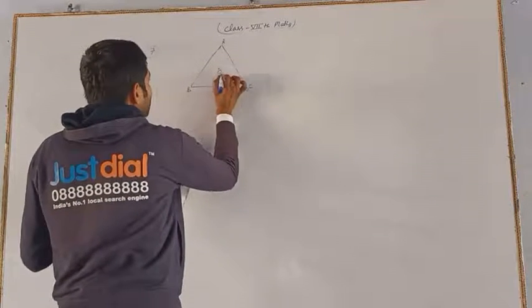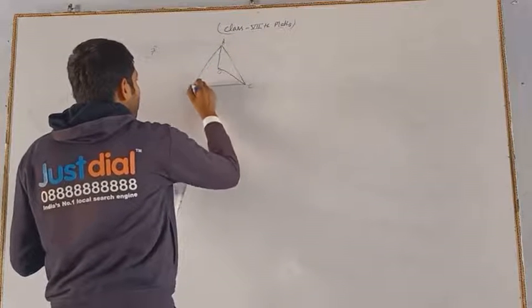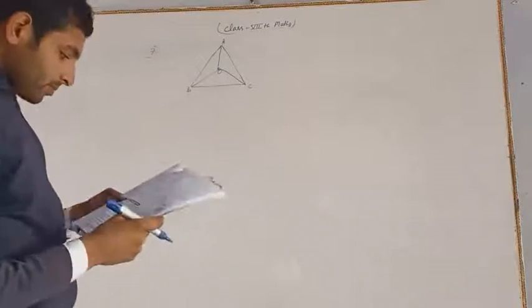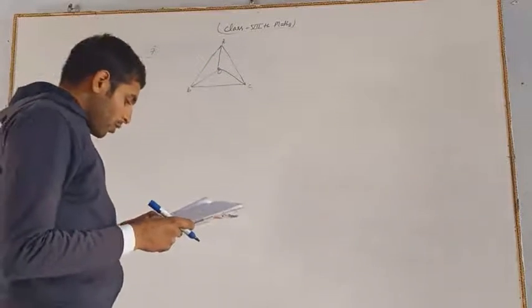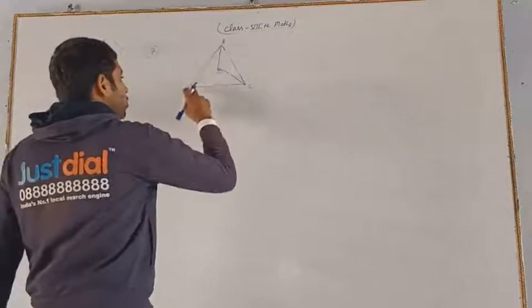Here we take a point O in the interior of the triangle. This type of figure you have to form.